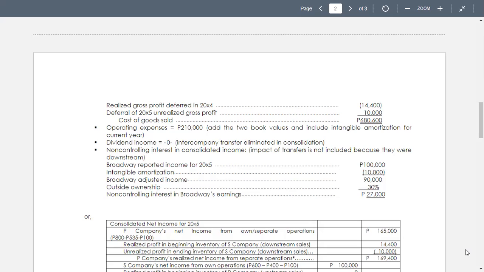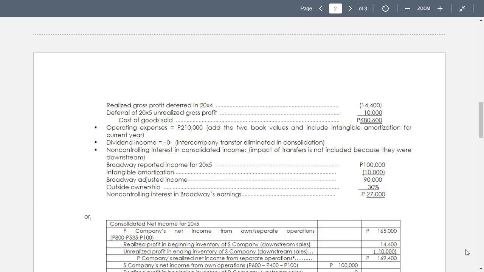Why? Because the ownership of BB is only at 70%. So meaning 100% minus the ownership of BB, that's equal to 70%. We have now the ownership of the non-controlling interest equal to 30%.